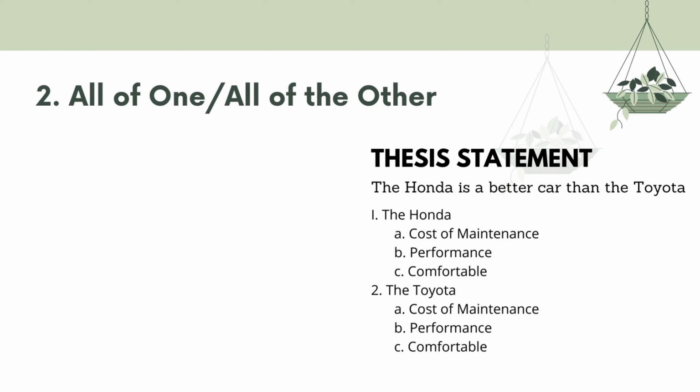And then after we finish it, we move to the Toyota one, and also we discuss cost of maintenance, the performance of Toyota, and then also the comfort of Toyota. So we explain them one by one from these three aspects.